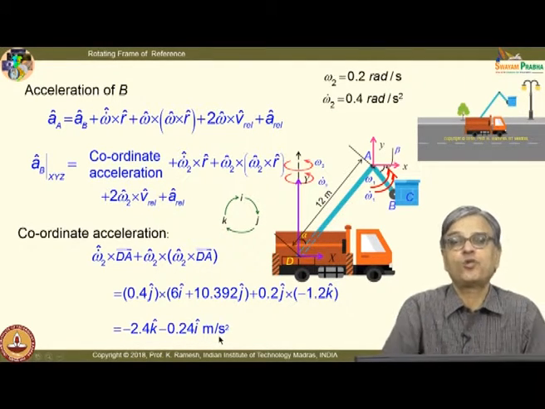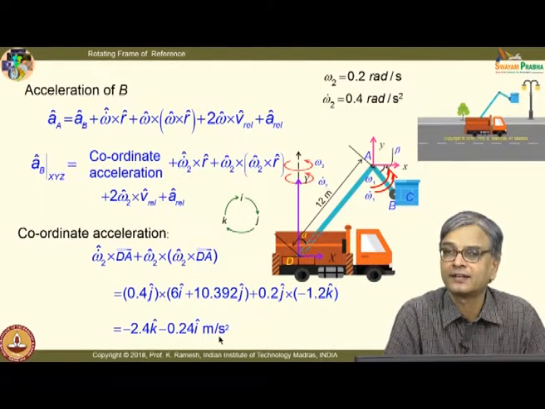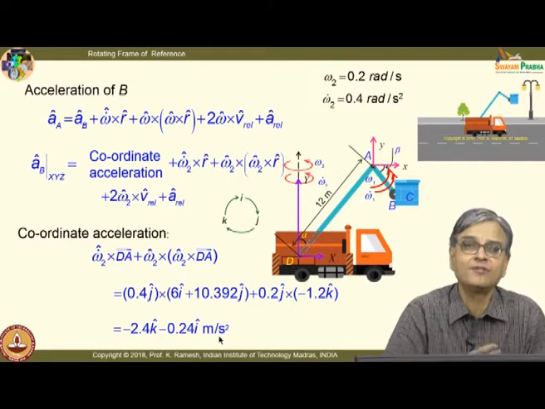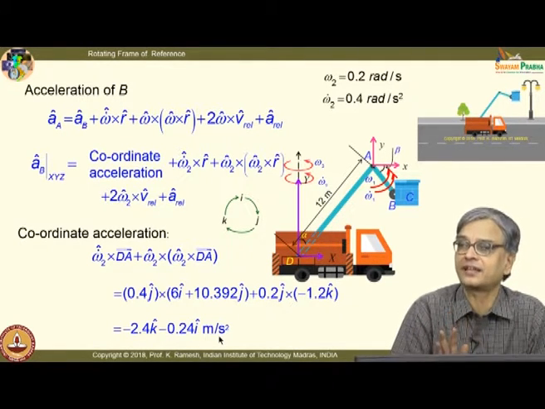When I have coordinate acceleration, you have one more extra term, the computations become a little longer, but the methodology still remains the same. You can easily comprehend the whole thing, but it is involved and you have to be alert and do your computation systematically.